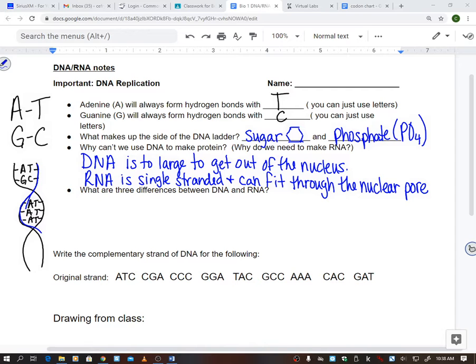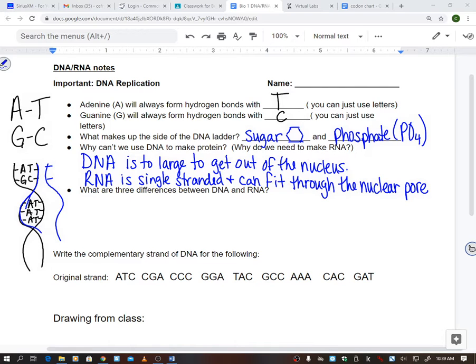We look at the nucleus and we can see that there are holes in it, these little nuclear pores. Somehow the information your DNA holds has to get out of there, and this is how it does that. RNA is a single strand, so instead of this, it would just be that, and of course it's just going to hold half the letters. So RNA is single-stranded and can fit through the nuclear pore.